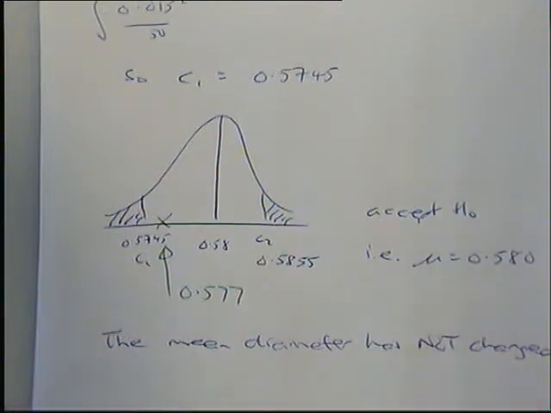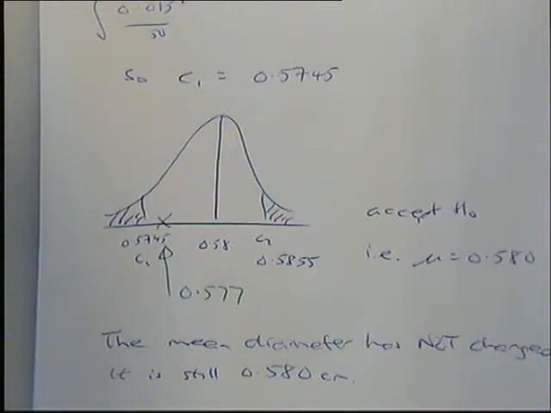Okay. This is still 0.580 centimetres. So our sample mean would have had to been even smaller than it was for us to conclude the process had actually changed.